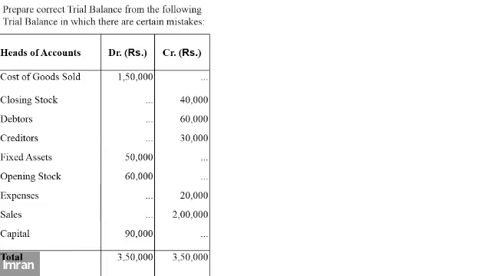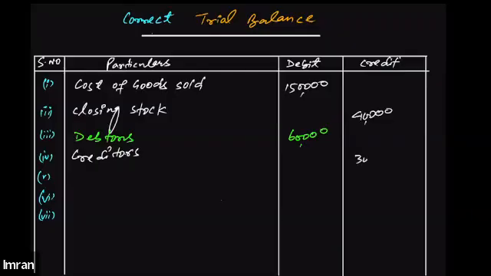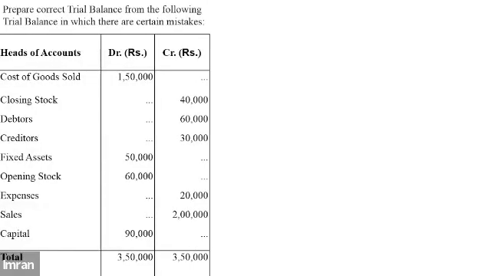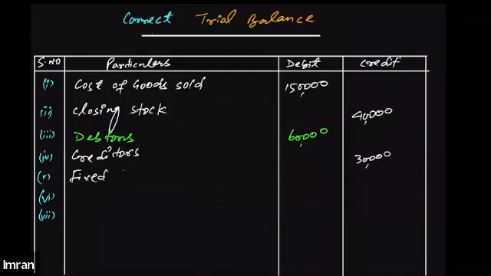Okay. Then we have creditors given in the question, and creditors are a liability. The balance of a liability account needs to be recorded on the credit side, which is correctly recorded. 30,000 on the credit side. There is no mistake. Then fixed asset. Fixed asset always has a debit balance, which is also correctly recorded.